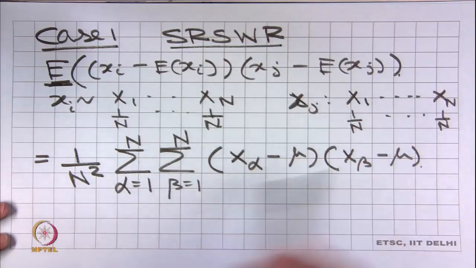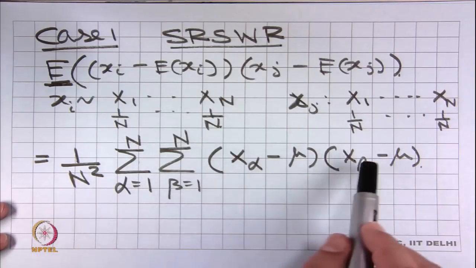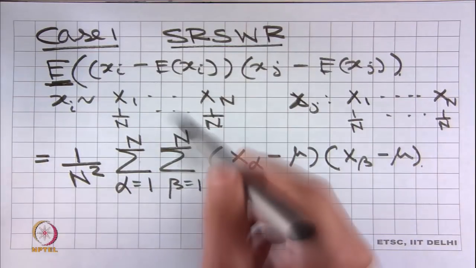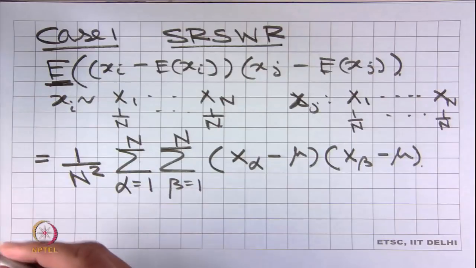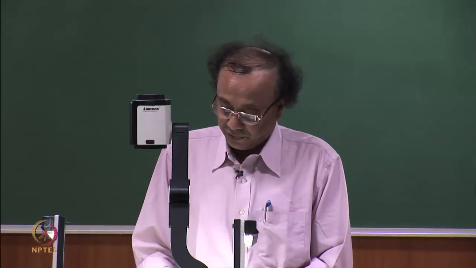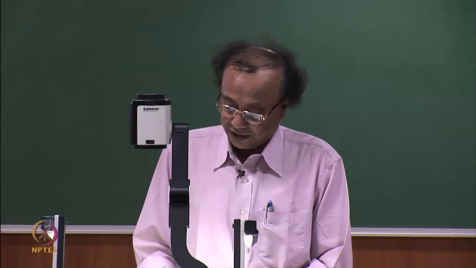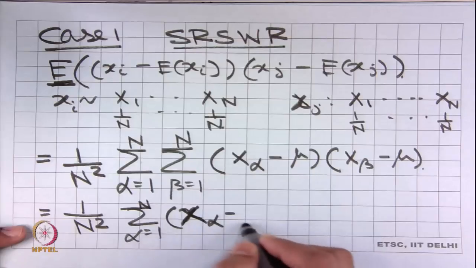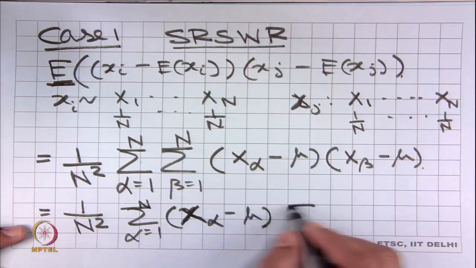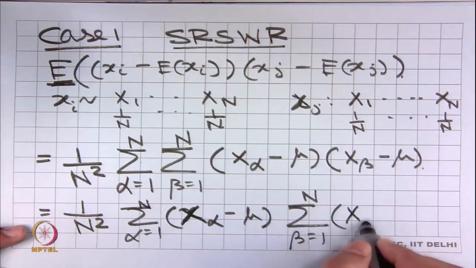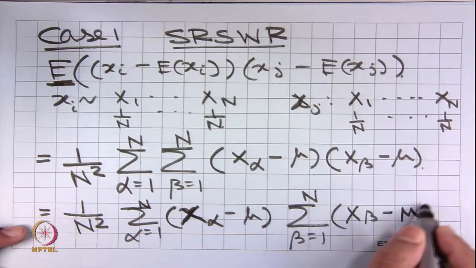And now, I am taking the expectations. So, for each x alpha and x beta, I am looking at the product terms, and then I am summing it up over beta equal to 1 to n, alpha equal to 1 to n, and what we are getting is 1 upon n square sigma alpha equal to 1 to n x alpha minus mu, sigma beta equal to 1 to n x beta minus mu.